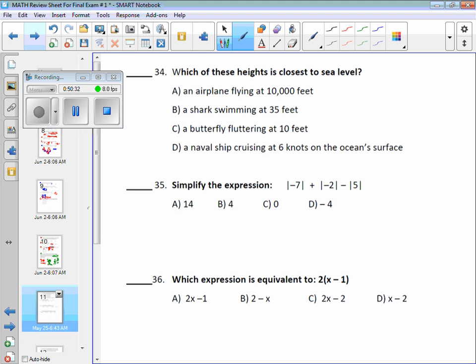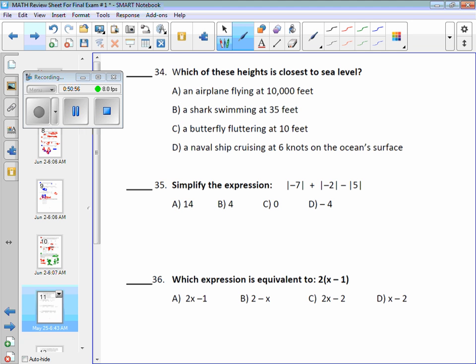So I might change it next year and reword it, because I could do it as a sailboat, or very simply make the butterfly fly higher, okay? Because it's the butterfly at 10 feet that's close to where the captain might be standing on the ship. That's all I'm saying.